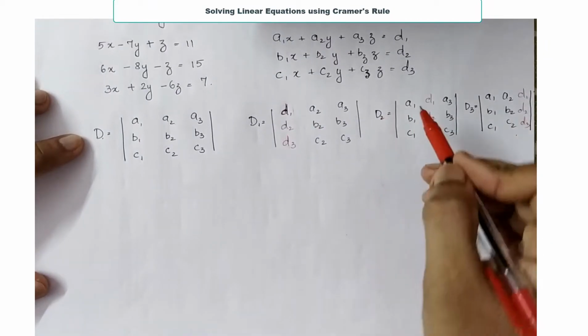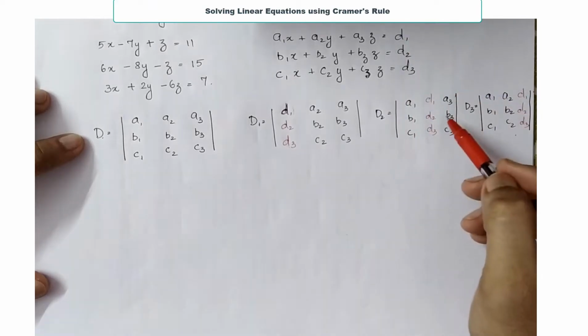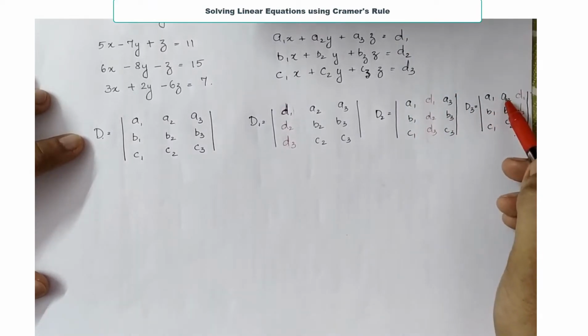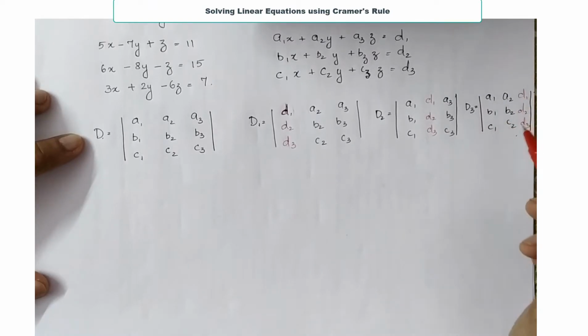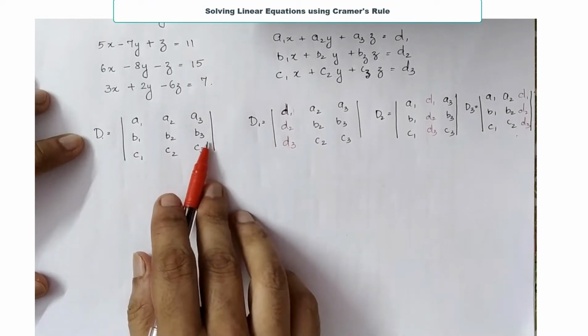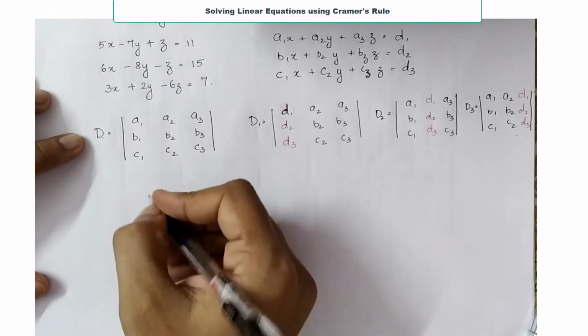Similarly, for D2, the second column will be replaced by d1, d2, d3. For D3, the first two columns remain the same and the third column will be replaced by d1, d2, d3. Once you find the determinants of these four matrices, then the solution becomes like this.